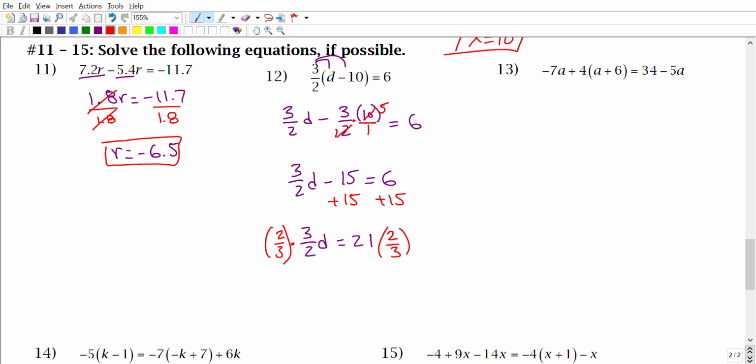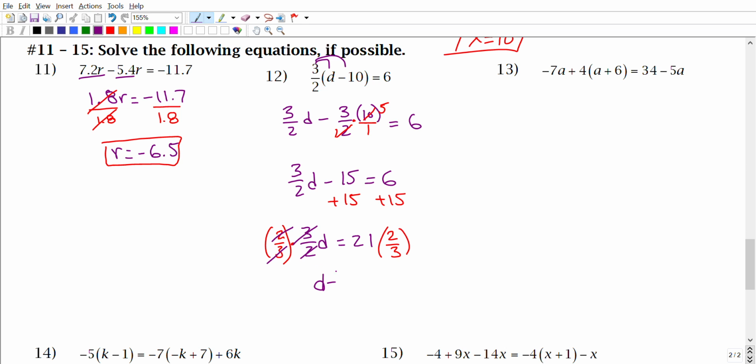So what I'm actually going to do is multiply by the reciprocal. Remember, guys, we don't like dividing fractions because I could have easily divided this whole thing by 3 halves. We don't like dividing fractions. Rather, we'd like to multiply them instead, because this way, now my 3 and my 3 go away, and my 2 and my 2 go away.